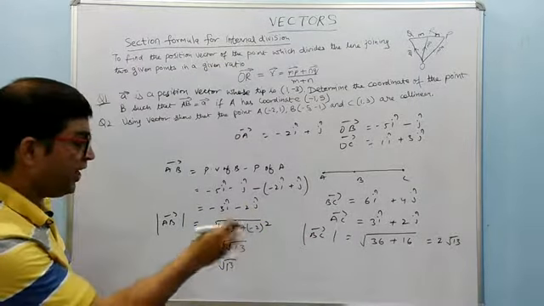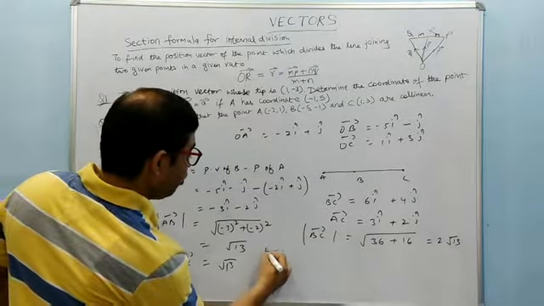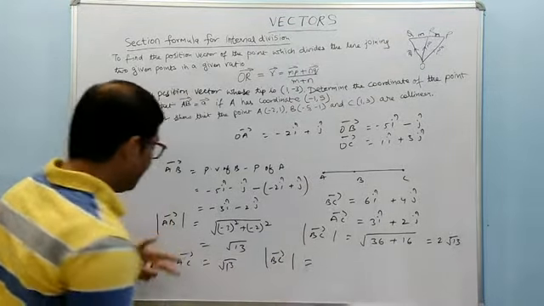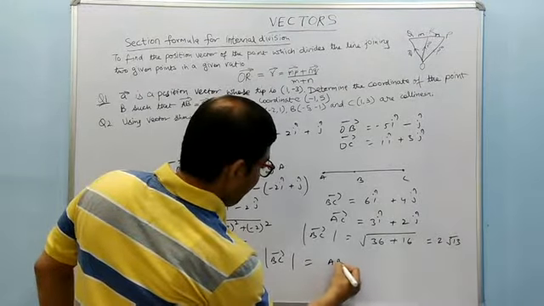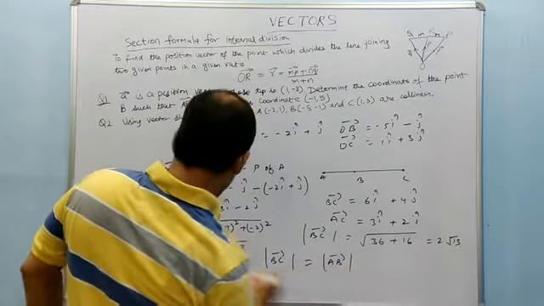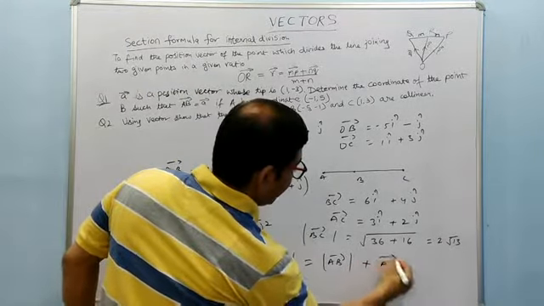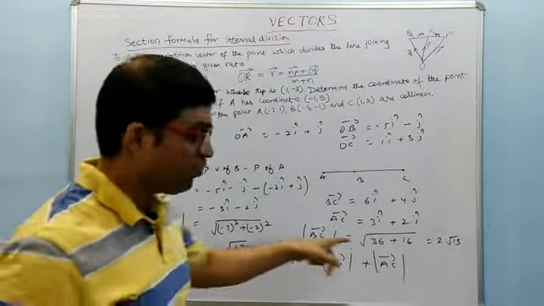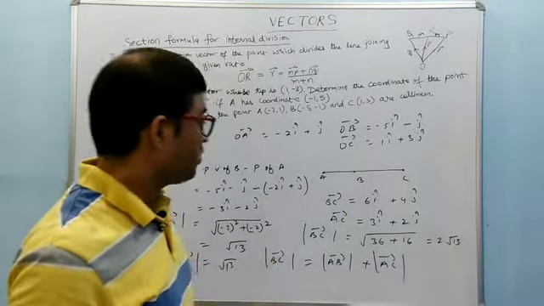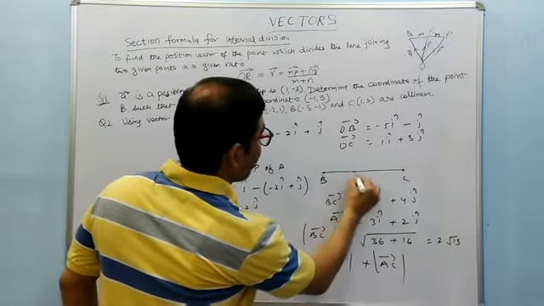Now you see here from this figure, you can say vector BC modulus is actually the sum of AB modulus plus modulus of vector AC. That means the sum of two things is equal to a single thing.